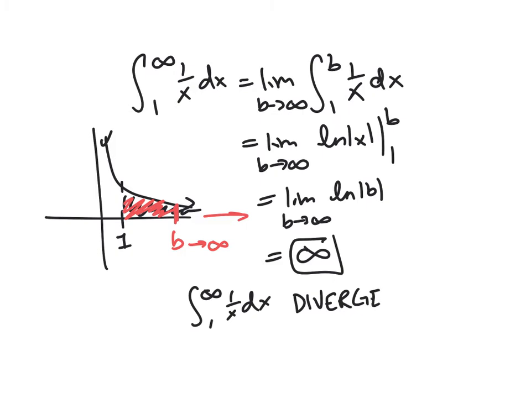Okay. So now let's look at one where it converges. That is, where we actually will get a finite number, which may seem weird, but it turns out if something is going to 0 fast enough, even though it goes on forever, it's small enough as it goes to infinity that it's actually a finite area.